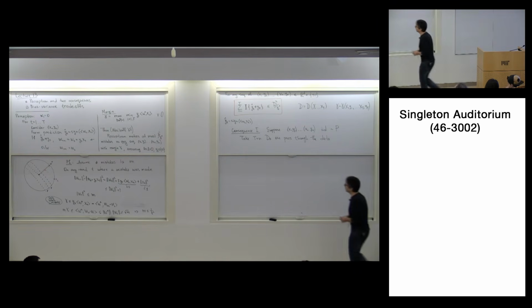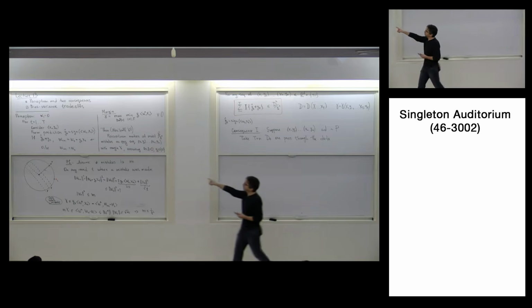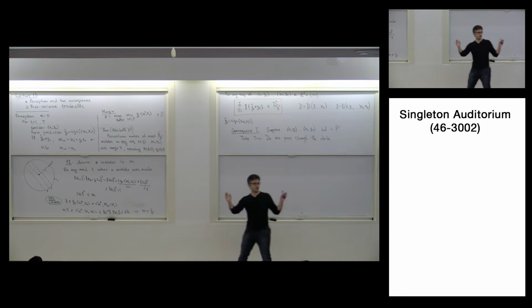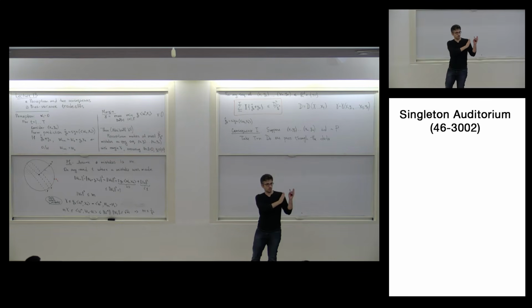So my claim is that if I take a W_t at random from W_1 up to W_n uniformly at random, I pick one of these hyperplanes, in expectation they will do well. Okay?